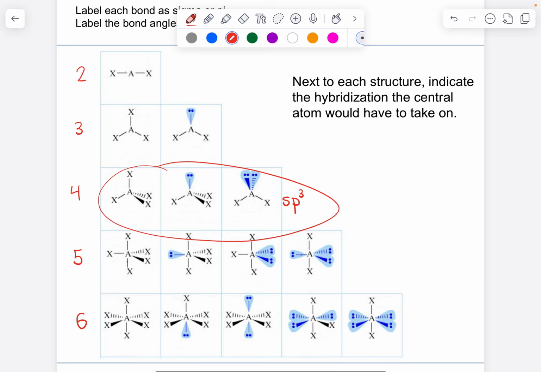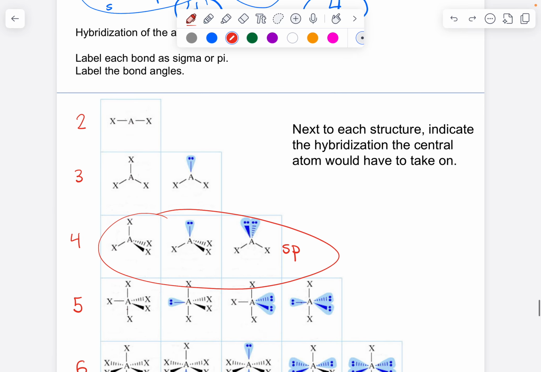How do I know that? Let's remind ourselves what the base orbitals look like. I have to move this over so I can include the D's. S, 3 P's, and 5 D's. Okay, those are the orbitals you have to play with. I could never say something is sp4 because I don't have 4 p orbitals.